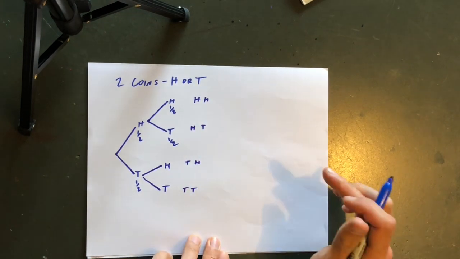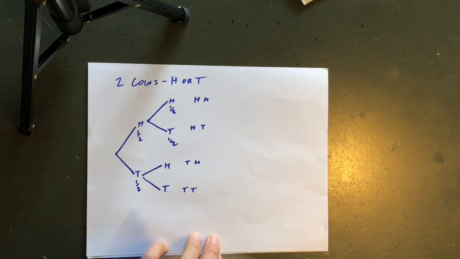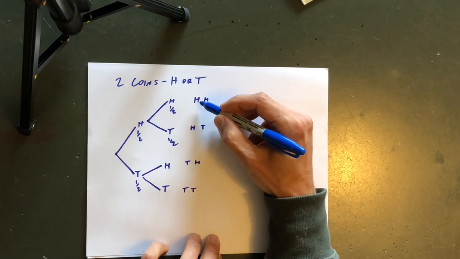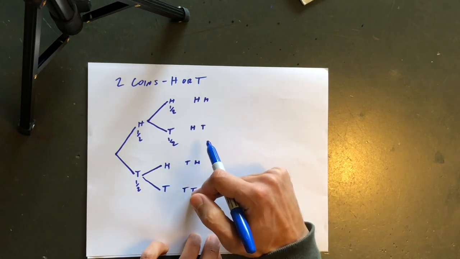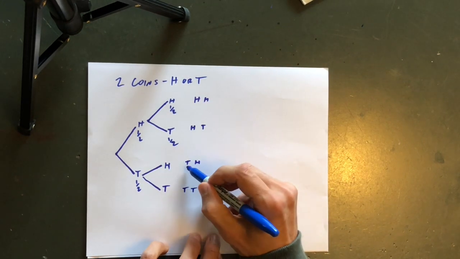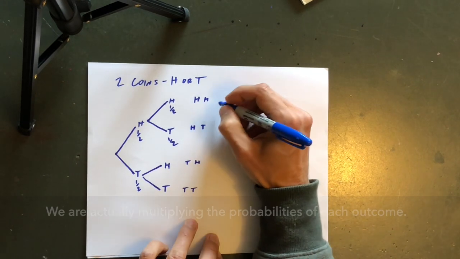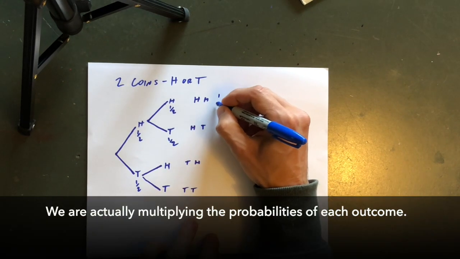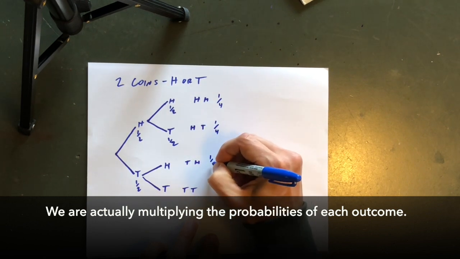So there are 4 outcomes, and the way we could figure out the probability is, well, this is 1/4, heads, heads, heads, tails, that's a 4th, because there are 4 equal possibilities. Here's tails, heads, that's also a 4th, tails, tails, that's also a 4th. So in other words, there's a 1/4 chance, or 1 out of 4, of getting any of these.